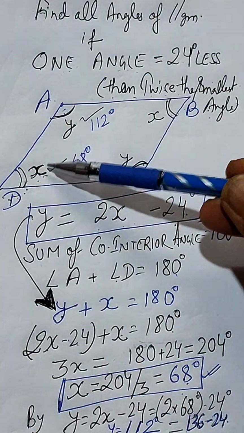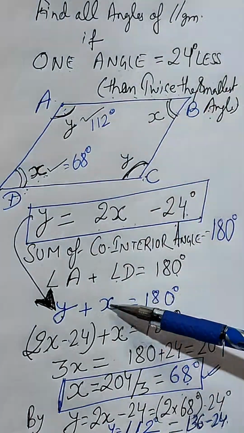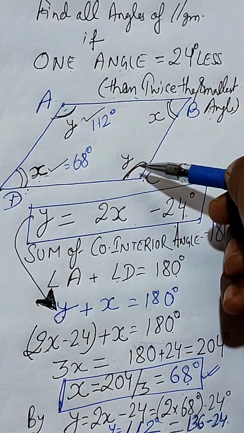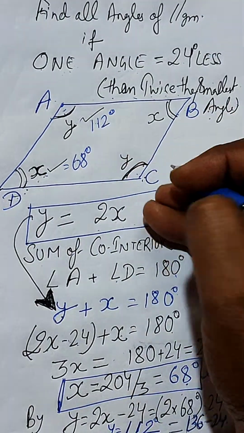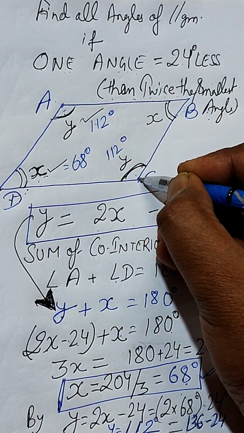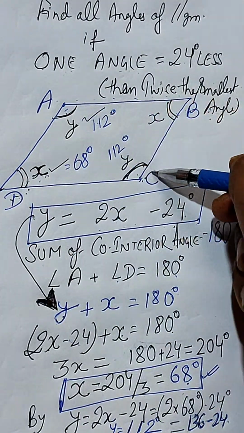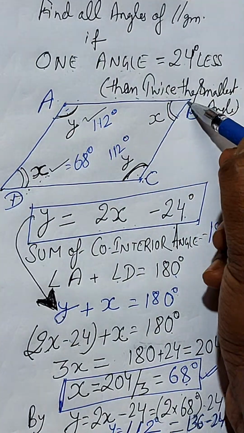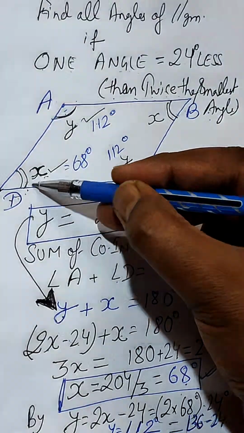And when you add x with y, this will add up to 180 degrees. This is satisfied. And you know the opposite angles are equal. So if this is 112, this angle is also equal to 112. I mean to say angle C, because angle A is equal to angle C, and angle B will be equal to angle D, right?